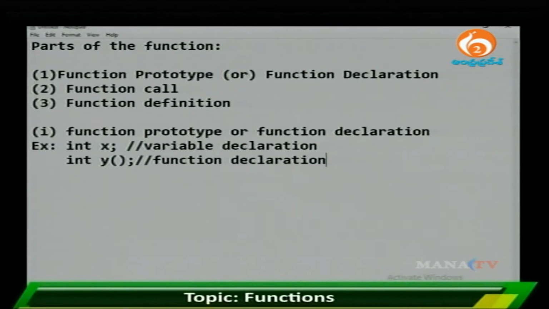This y returns an integer. In the first one, x stores an integer value; x is a variable of type integer. Here y is the name of a function of type integer. I think you understood. This is a variable declaration, this is a function declaration, where x is a variable and y is the name of the function.